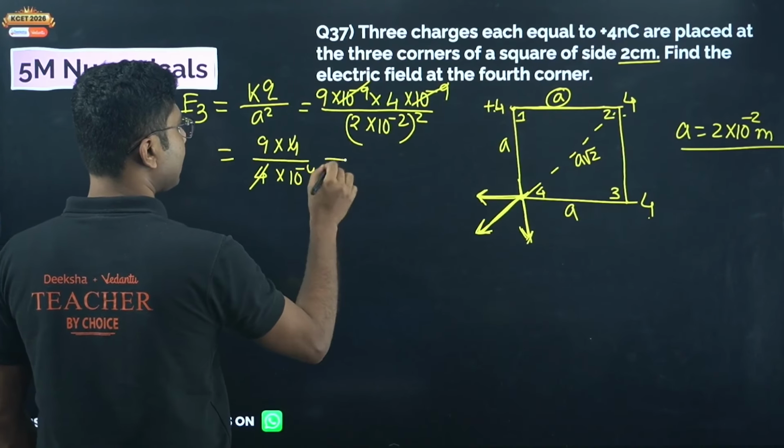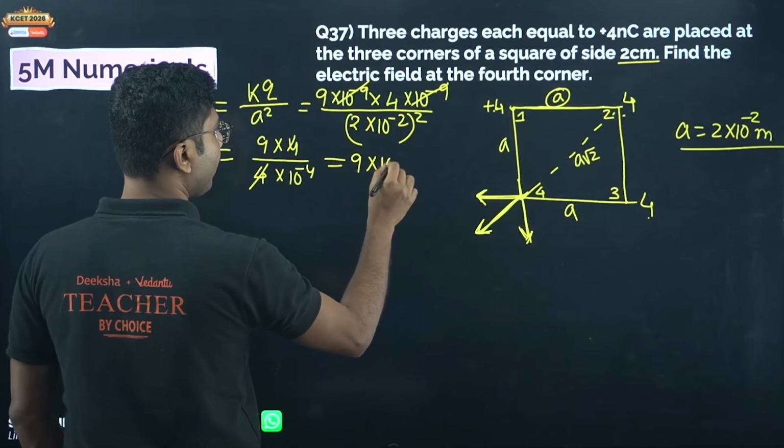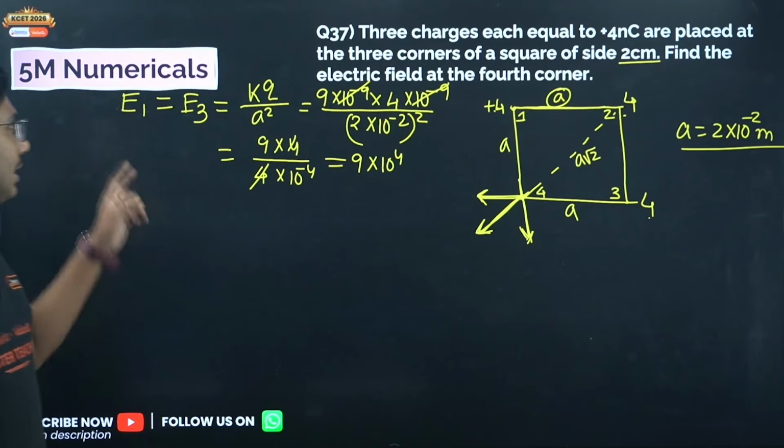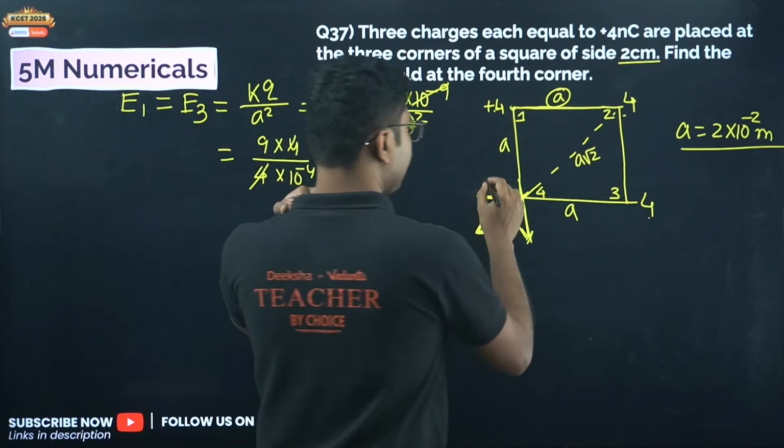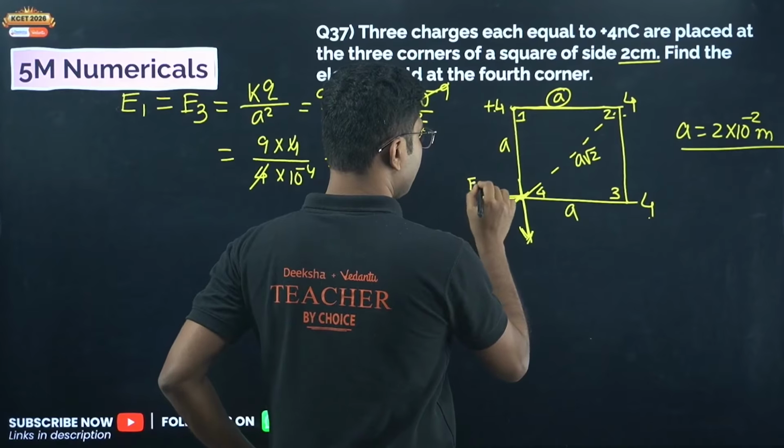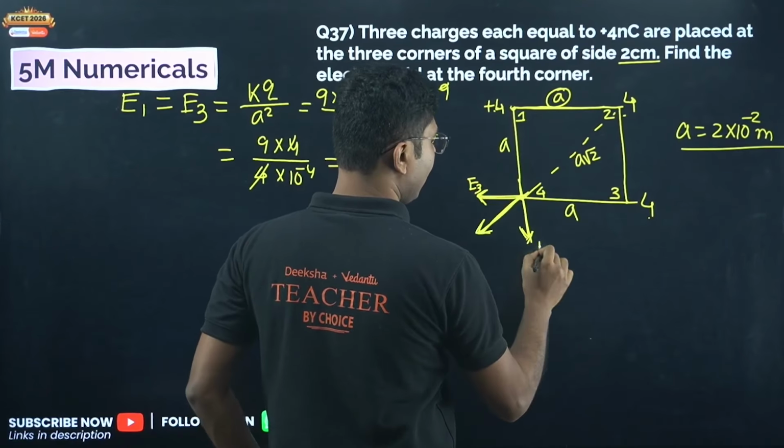This 4 cancels, so 9 into 10 to the power of 4 is these two electric fields. So this is E1, this is E2, this is E3.